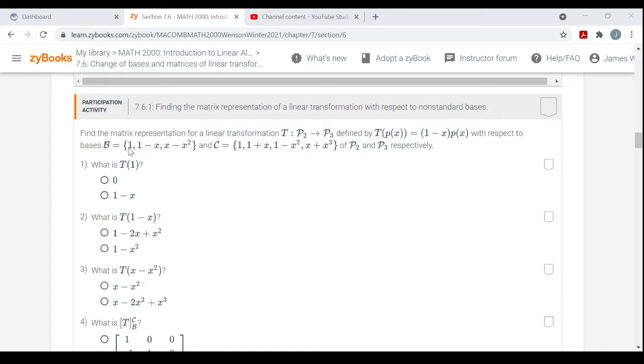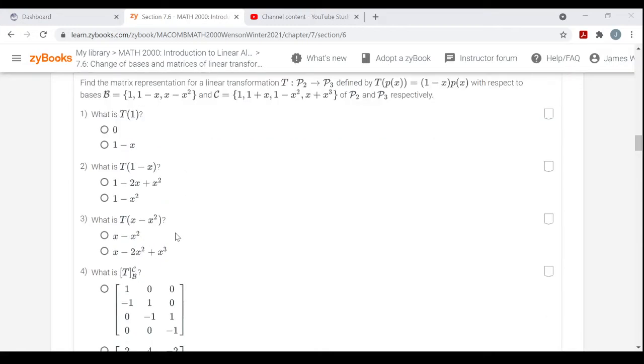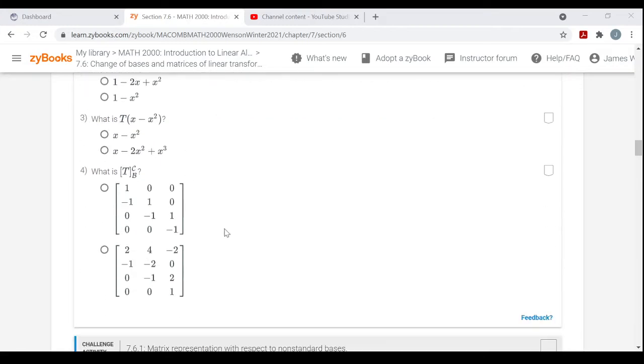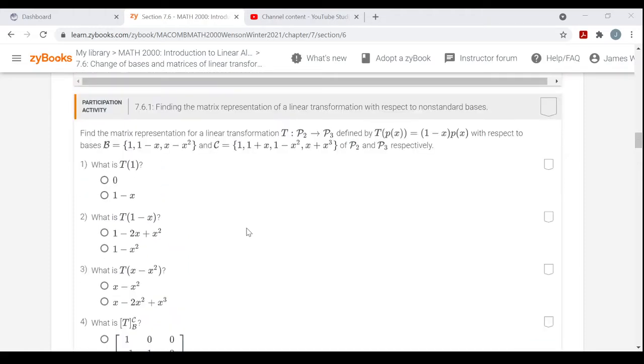And then they plug in 1, plug in 1 minus x, plug in x minus x squared, and then find that matrix representation. So I can do that. I'll do that really quick this time. This shouldn't take too long to find this matrix representation relative to two different bases.